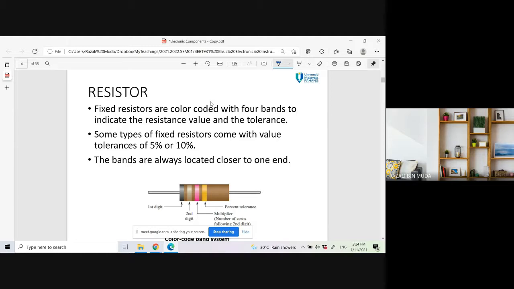So three bands represent the resistance value, and another one color represents the tolerance. Some types of fixed resistors come with value tolerance of 5% and 10%. Tolerance means plus minus.